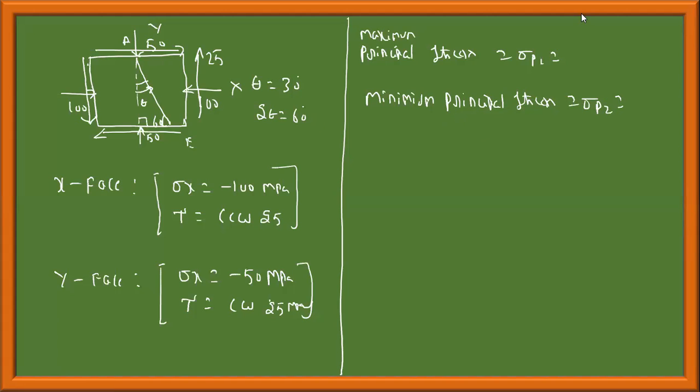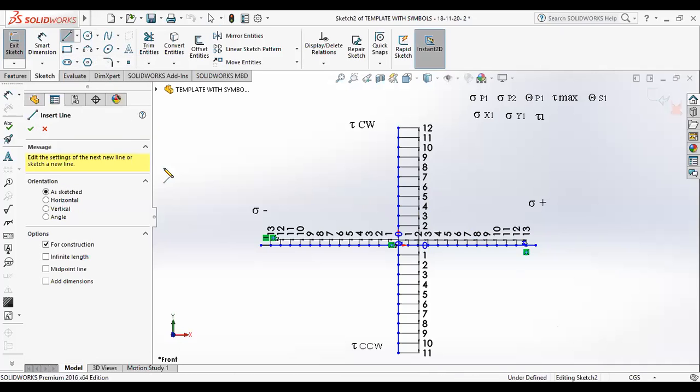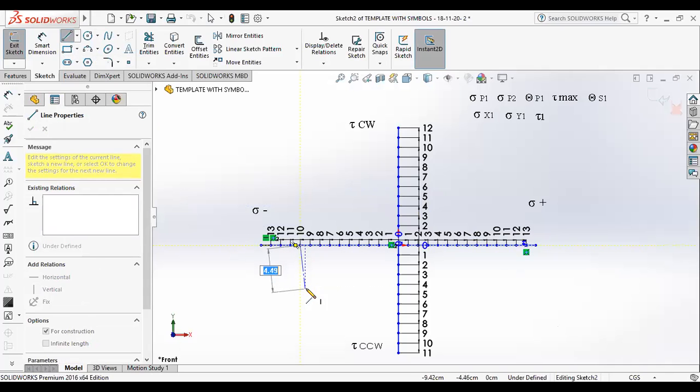Let me write it. X face, this is minus 100, counterclockwise 25. That is, our tau is counterclockwise, so it comes to this axis counterclockwise. This is 25 as given. It is very difficult for me to write 25. Okay, give me a minute.